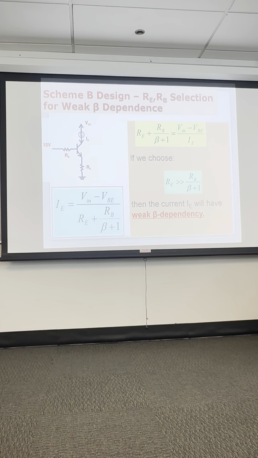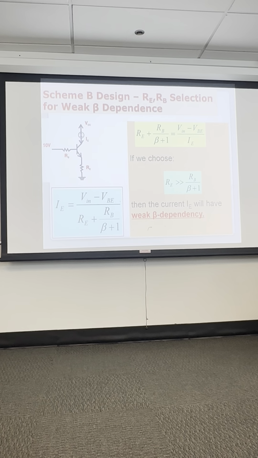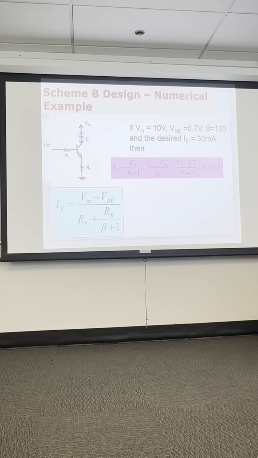And if we can get the right combination, then this will give us what's called weak beta dependency in the circuit. Because this circuit doesn't have a multiplier of beta, it does have beta in this part of the formula. So we want to get an RE and an RB that give us weak beta dependency.